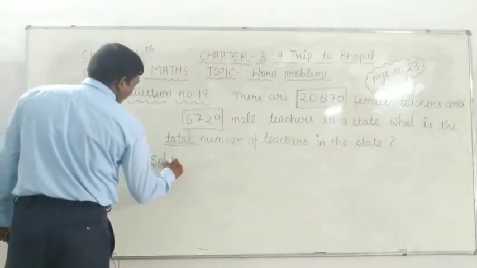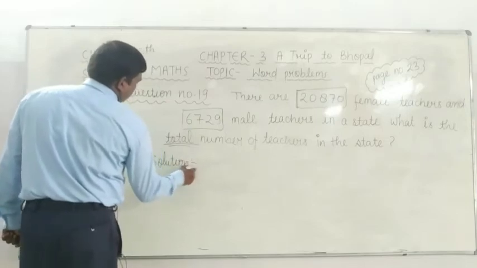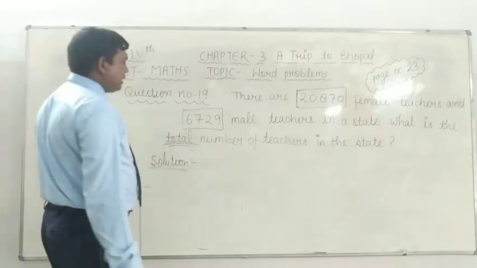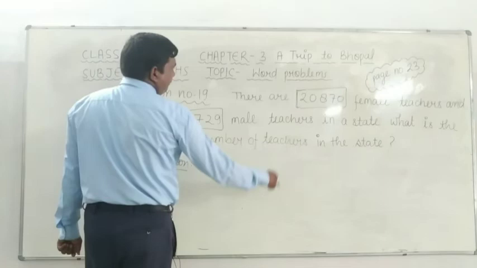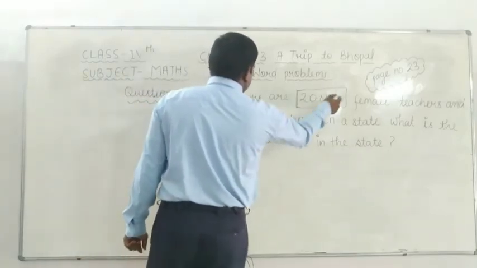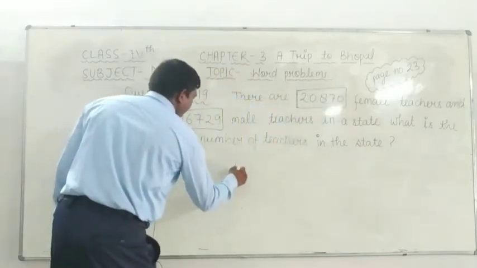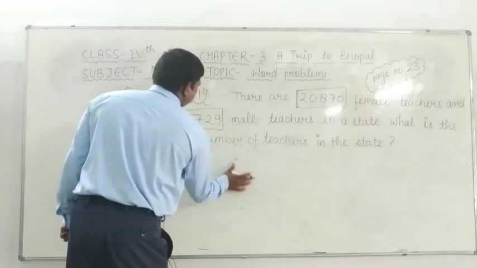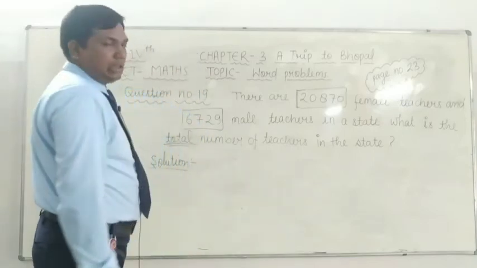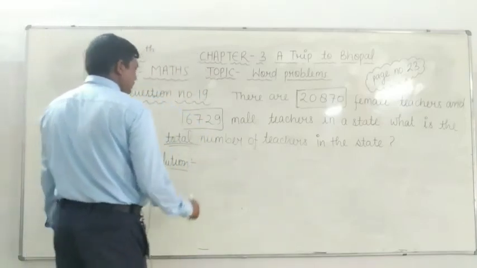This is a very simple question. In this question here we have to take the addition of 20,870 and 6,729. Okay.